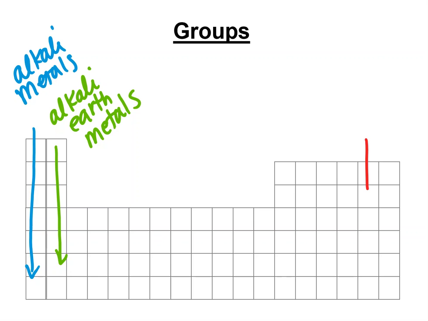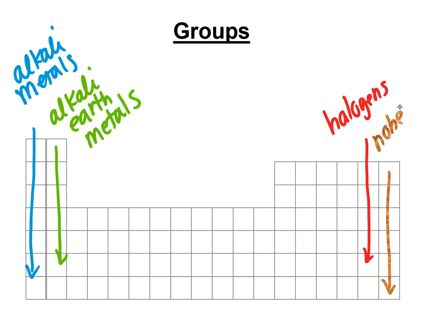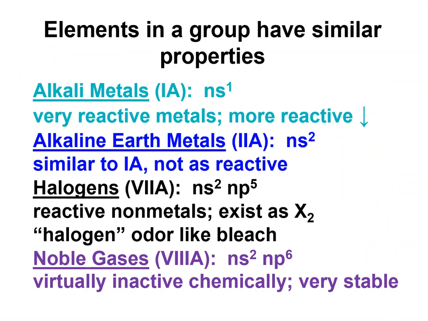Over here, we know these are the halogens. And then, of course, here, I saved gold because they think they're special. These are the noble gases. For each of these, there are some properties for them, and this little abbreviation for their configuration, the N, of course, is for energy level.